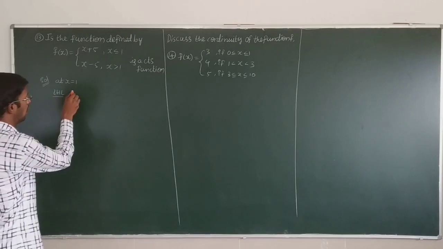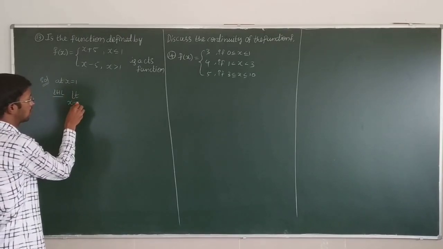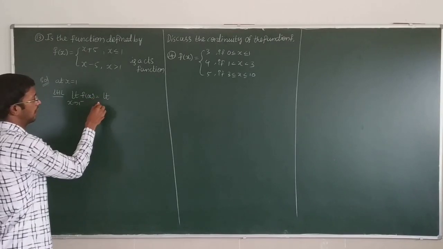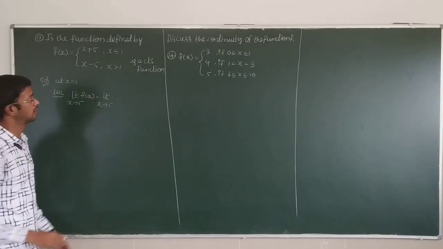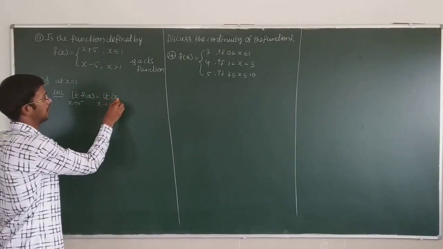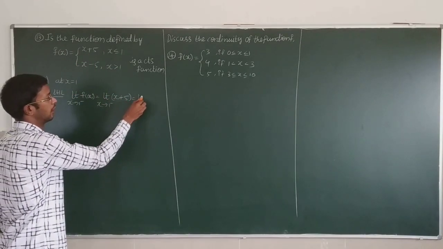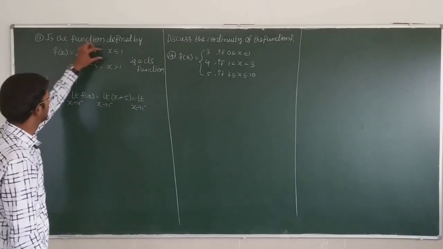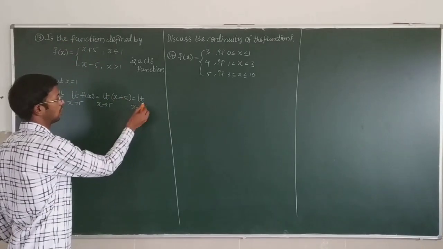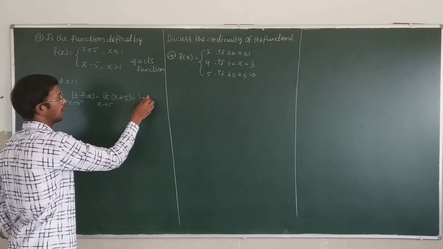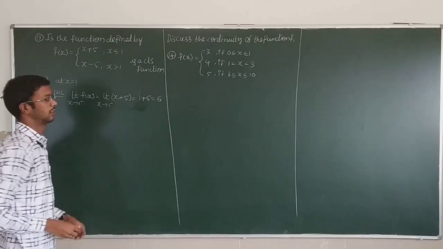LHL: limit x tends to 1 minus f of x is equal to limit x tends to 1 minus of x plus 5. So substitute here, 1 plus 5 is equal to 6.